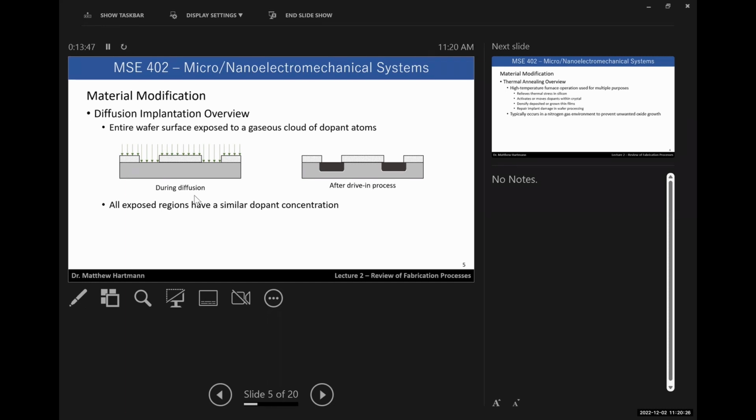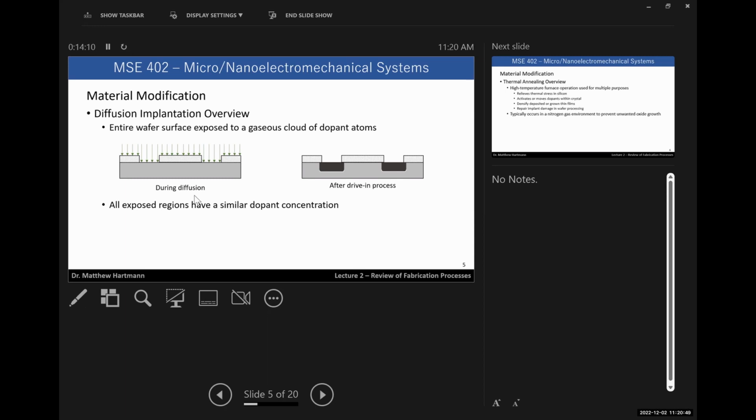So it's exposed to effectively one specific dosage, and how much you get depends on how long you leave the wafer in that environment and all that kind of stuff. So you can't have a different concentration here versus a different concentration there. Everything is at the exact same level, which for some devices can be problematic.